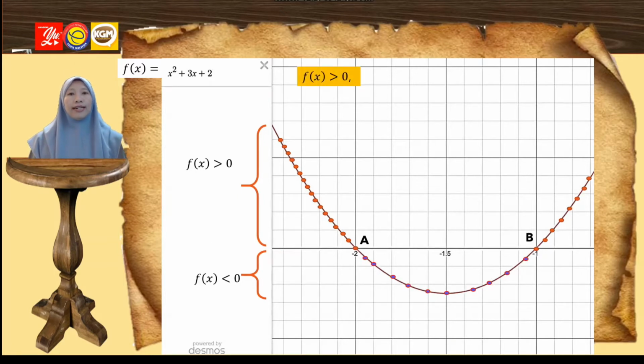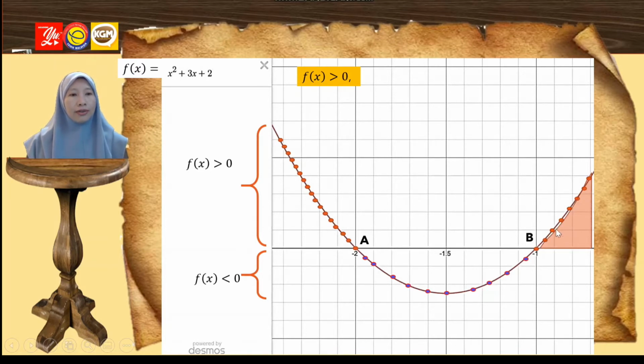So if I ask you, what are the values of x when the function is greater than 0? The function is greater than 0 in this part and this part.